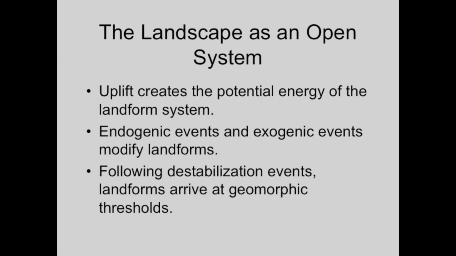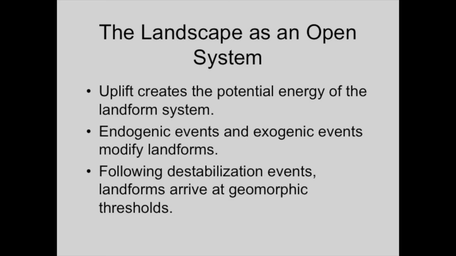Potential energy in this case is the presence of lithospheric materials above or being pushed close to sea level. Once tectonic uplift pushes material at or above sea level, and of course it can be significantly pushed above sea level in terms of overall elevation, now we have an energy potential for a landscape. And uplift is the cause or the source of this energy potential.